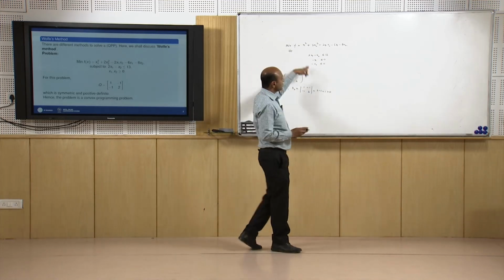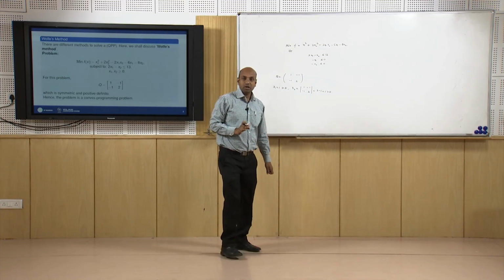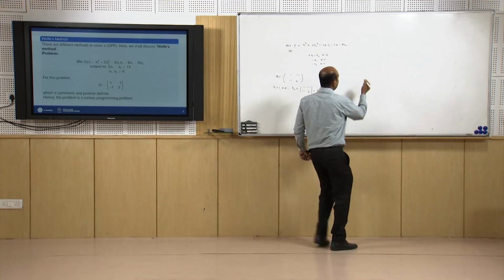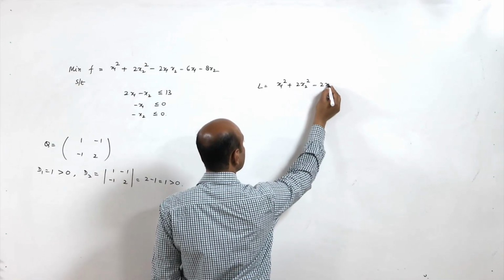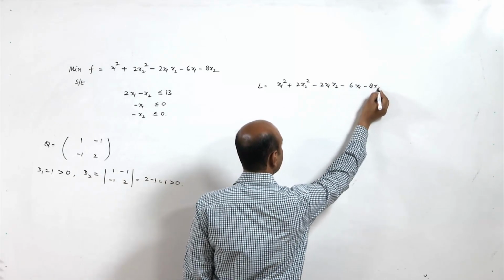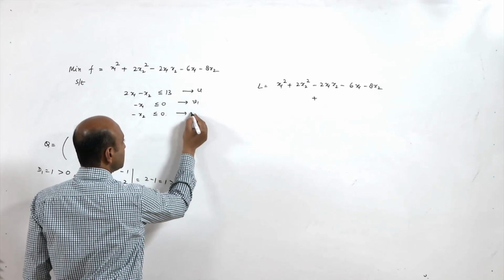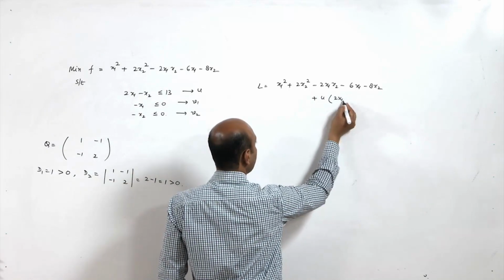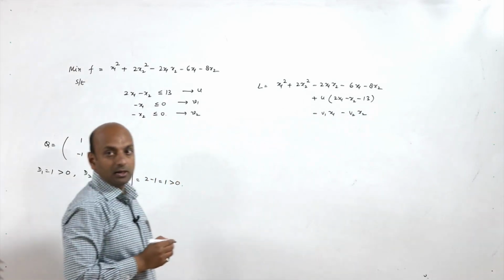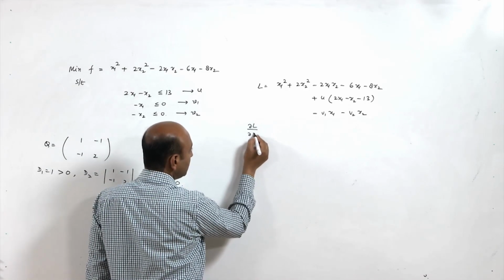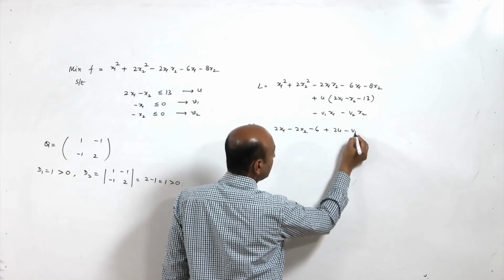So, what will be the KKT conditions for this problem? To write them, either we apply the conditions directly as we discussed in the last class, or we can first define a Lagrange function L, which is x1 squared plus 2x2 squared minus 2x1x2 minus 6x1 minus 8x2 plus u times the first constraint, 2x1 minus x2 minus 13, minus v1x1 minus v2x2, where u is the multiplier for the constraint and v1, v2 are for the non-negativity constraints. Then del L by del x1 is 2x1 minus 2x2 minus 6 plus 2u minus v1 equal to 0.